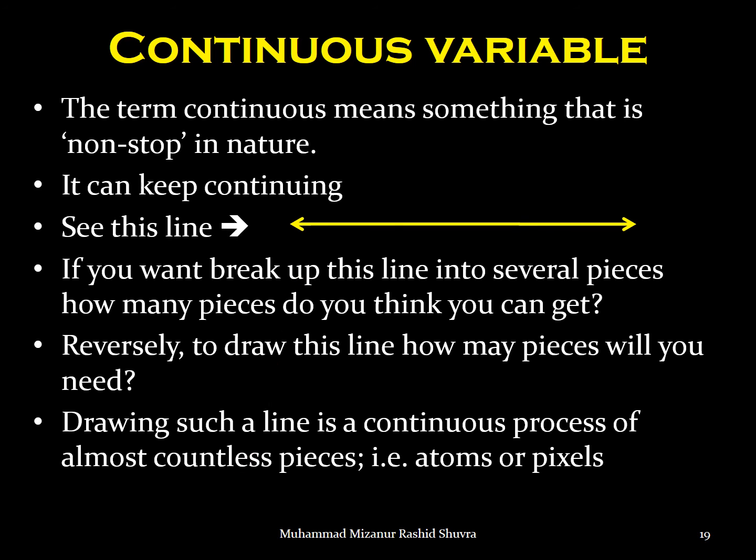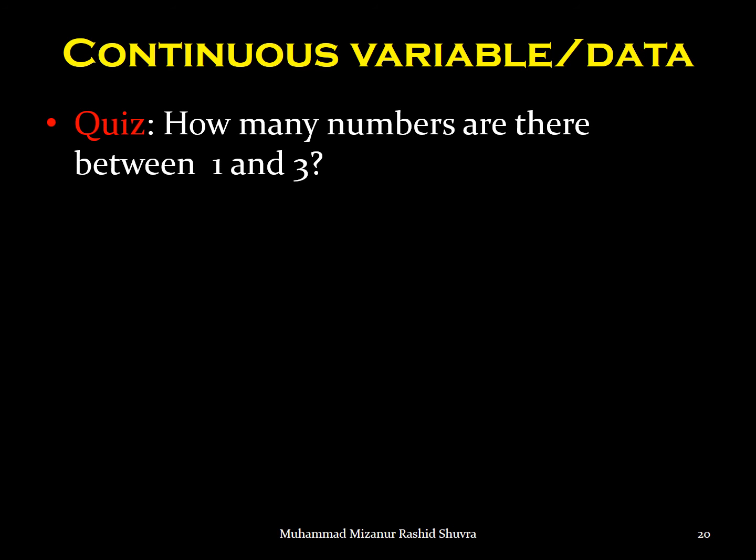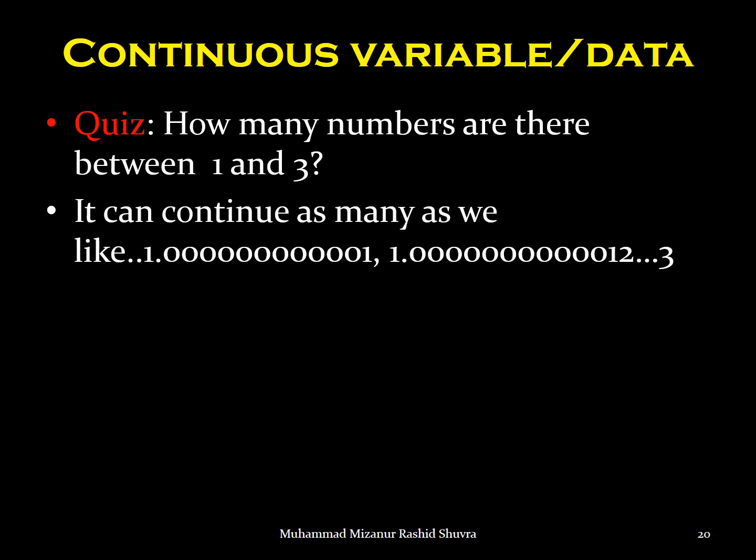Okay, so you will be able to understand this very easily. Look at this. How many numbers are there between 1 and 3? Just like I said, it can continue as many as we like. You can start, okay, 1 point, a lot of zeros, and then 1.12, and then more, and then with that I may be having zillions or gazillions of numbers between 1 and 3.